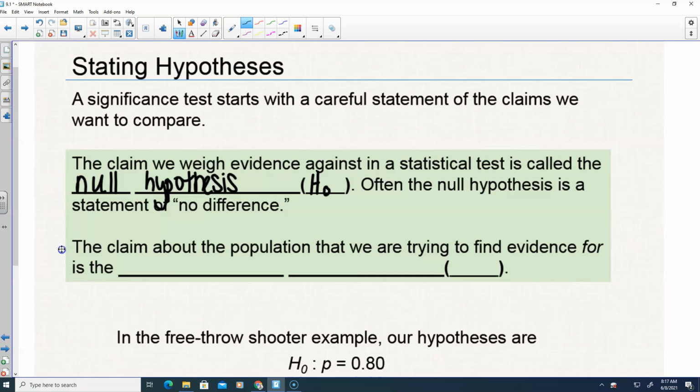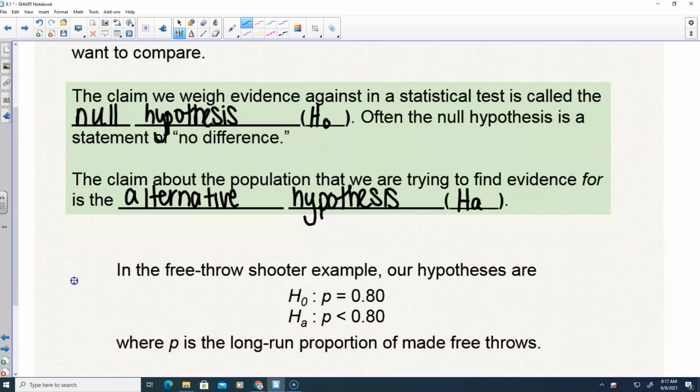That one's going to be equal to whatever the claim is. The claim about the population we're trying to find evidence for is the alternative hypothesis, which we're going to call H sub A. H sub 0 is the claim, and H sub A is what we are testing it against.